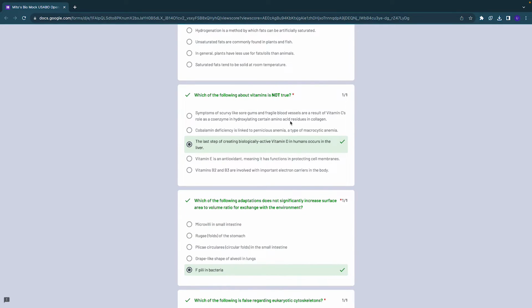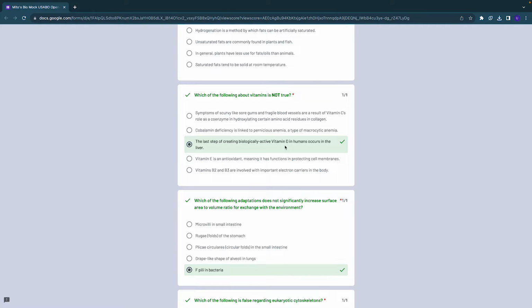Next is which of the following about vitamins is not true? So it would be this. The last step of creating biologically active vitamin D in humans occurs in the liver. So the last step actually occurs in the kidney. Basically, you have free, inactive vitamin D floating around in your blood.